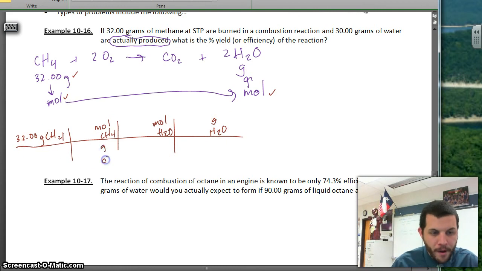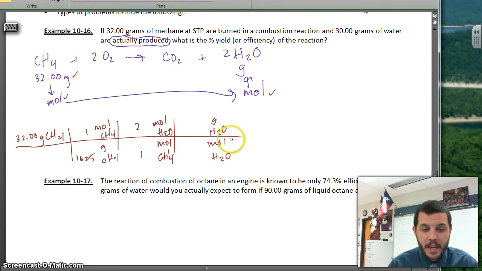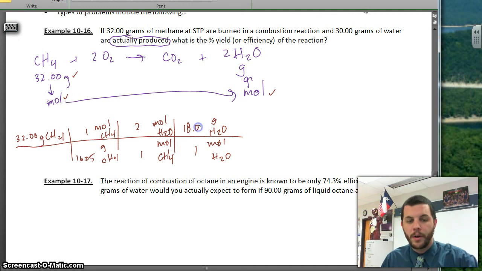Let's bring everything down. Now I know that I can relate moles to grams via the molar mass. 1 mole of CH4 is 12.01 plus 4.04, 16.05 grams. The mole-to-mole ratio is where I have moles over moles, so 2 goes with H2O, 1 goes with CH4. And 1 mole of H2O is 18.02 grams.